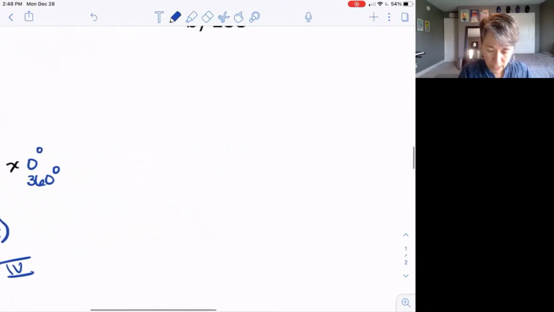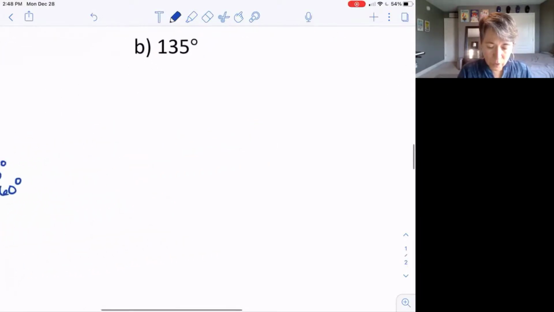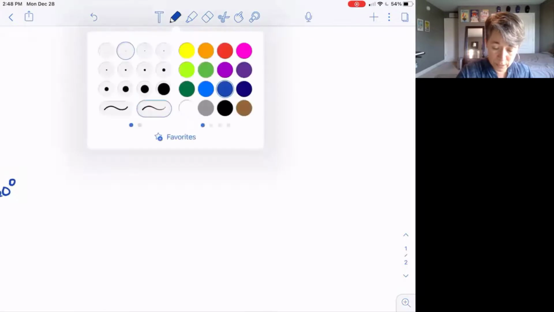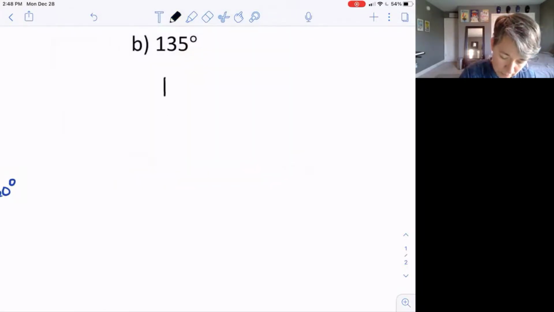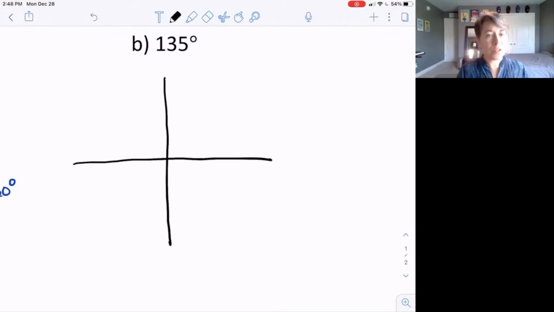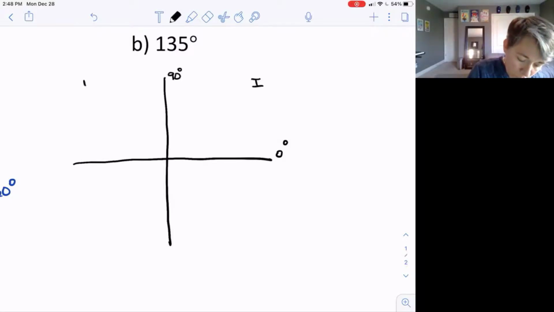So let's do the same here with 135 degrees. And we're going to think of our XY axis, but think of it in terms of degrees. We start here at the positive x-axis at 0. We go up through quadrant 1 to a 90-degree angle. Then through quadrant 2, another 90 degrees gives us 180 degrees.